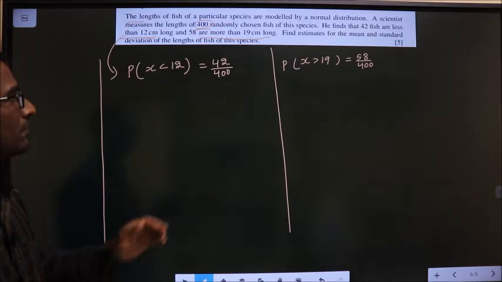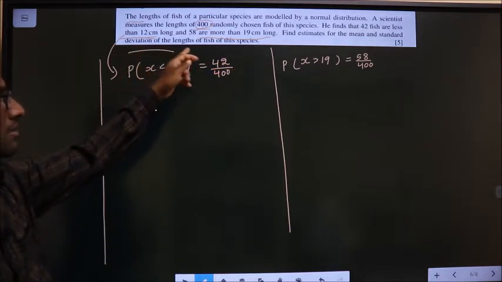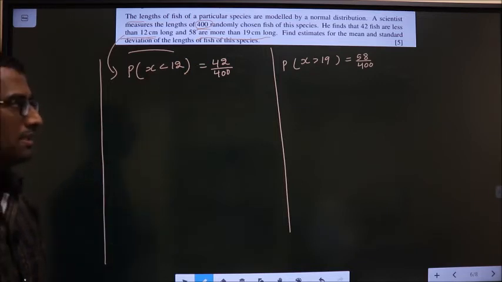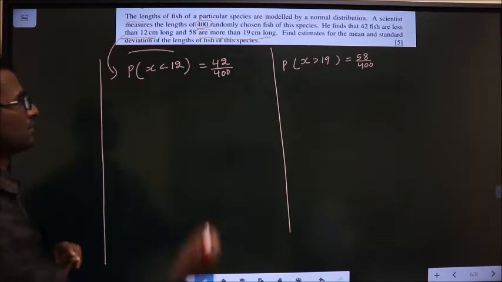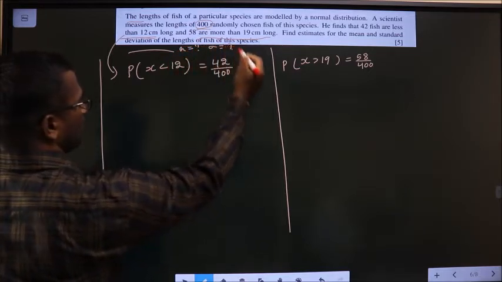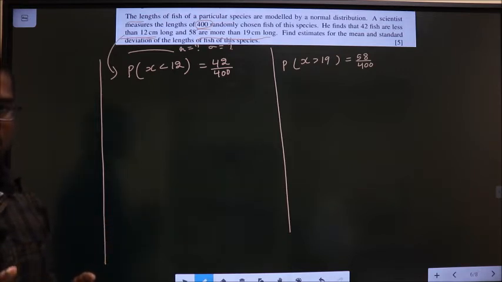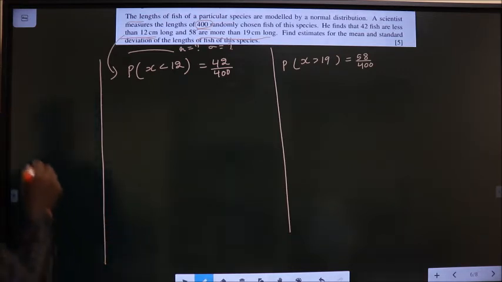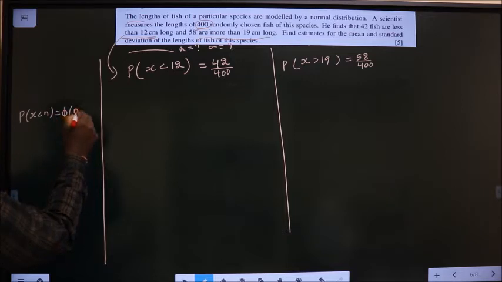Now, find estimates for the mean and standard deviation of the lengths of fish of this species. We have to find mean and standard deviation. In any normal distribution question, we make use of this: P of x less than n is nothing but phi of n minus mean by standard deviation.